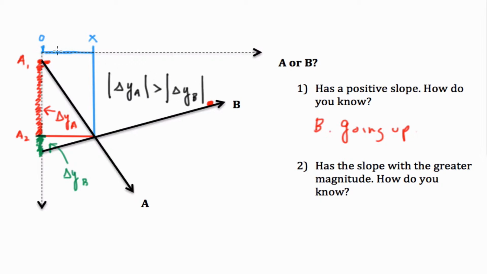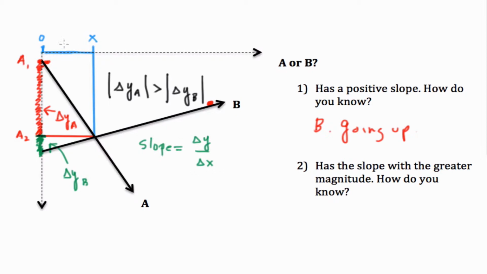So again, in the same interval X, you have a bigger change in y for line A than for line B. How does that translate in terms of slope? Well, we can say that the slope, we know, is change in y over change in x.